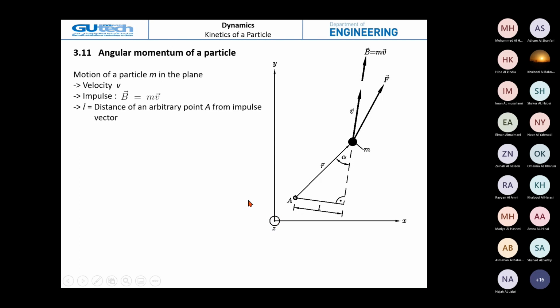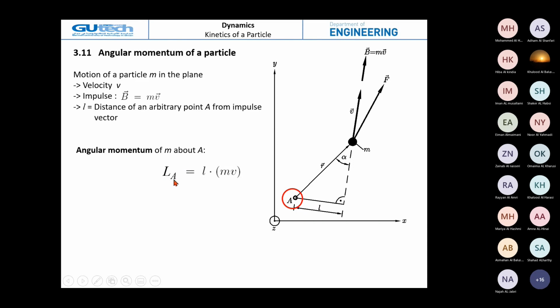Okay, now what we can define here is the angular momentum of this particle m about the point A. We note it by LA.